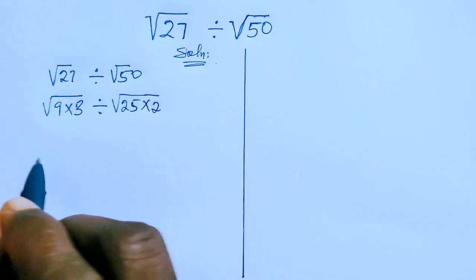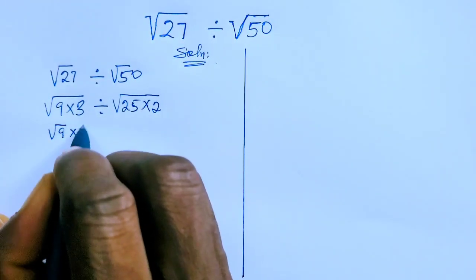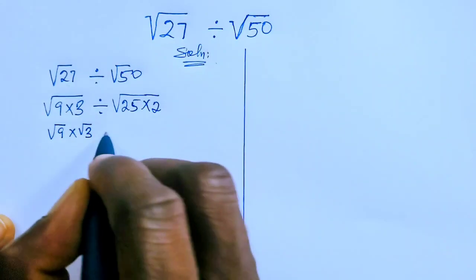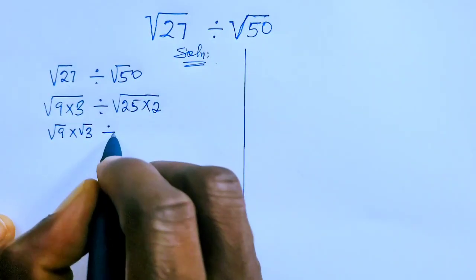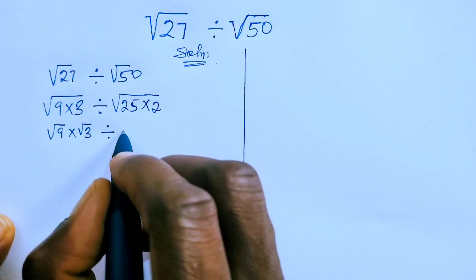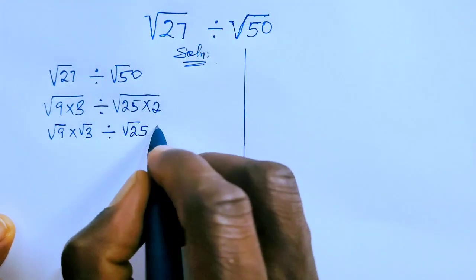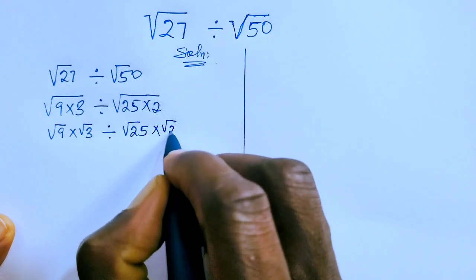Then now, this can also be expressed as the square root of 9 multiplied by the square root of 3, divided by the square root of 25 multiplied by the square root of 2.